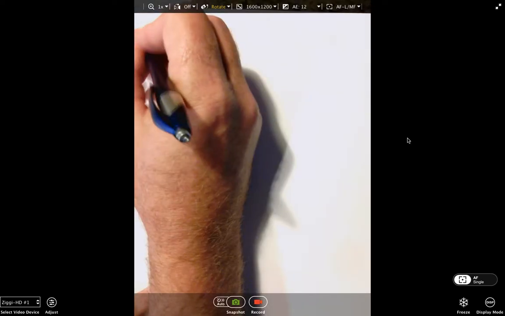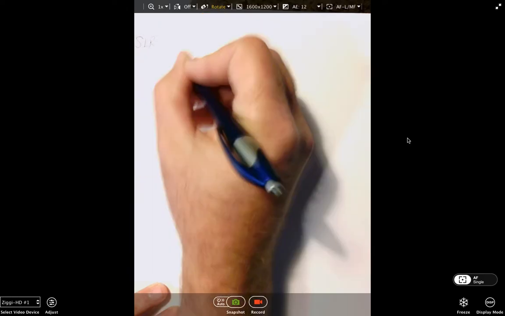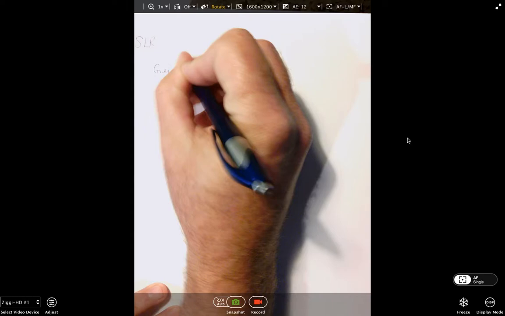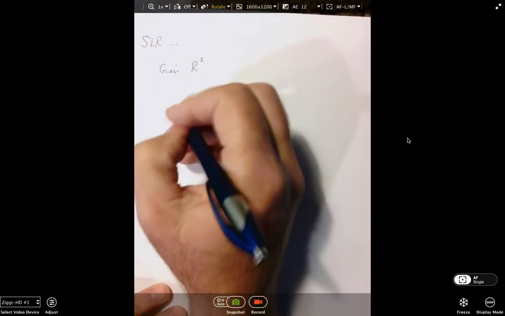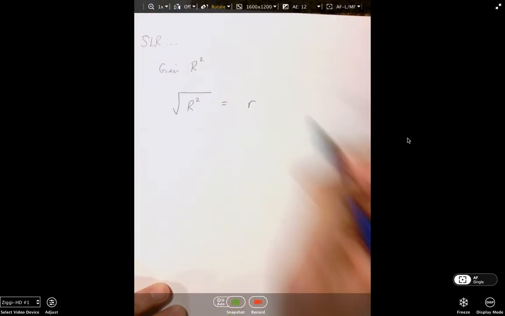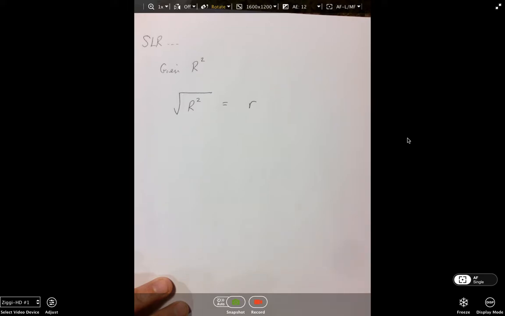Now, it turns out we can take this just a little further, and we're going to. You would expect that back in the simple linear regression case, when we're given r squared, the coefficient of determination, we could take the square root of r squared and get what we call r, the correlation coefficient. Well, it turns out that we can do the same thing here.